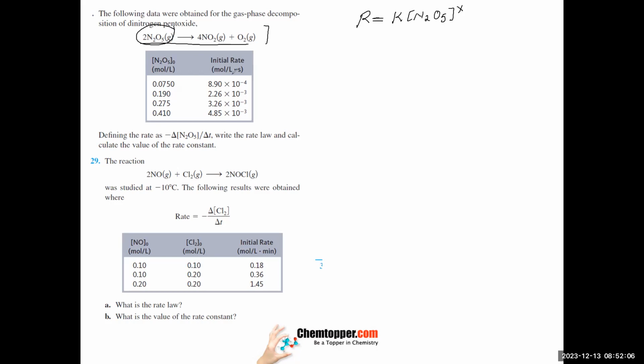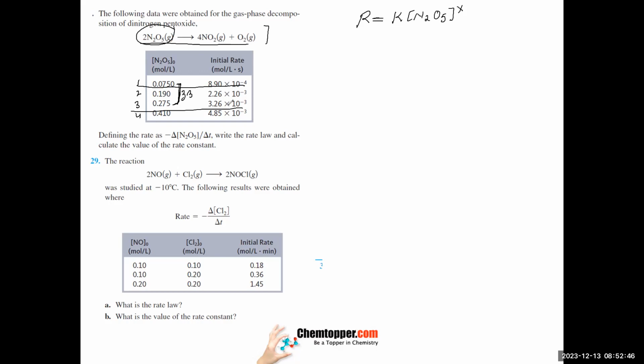Now, look at these values. Pick up any two values. There's only one reactant, experiment 1, 2, 3, 4. Let's pick up experiment 1 and experiment 3. How many times N2O5 has increased? Check. Take the ratio. 0.275. Lisa, you're doing it? 0.0750, it is nearly 3.3 times.